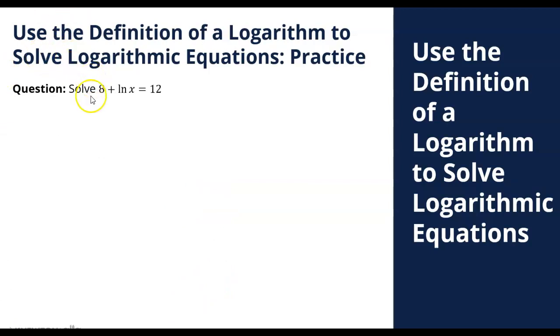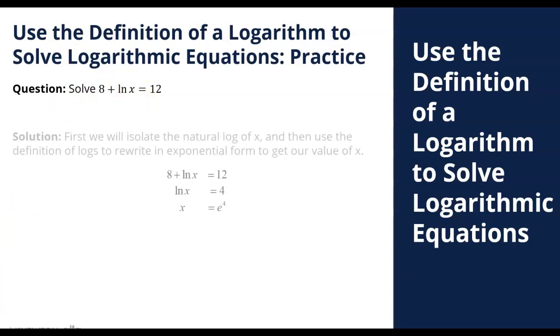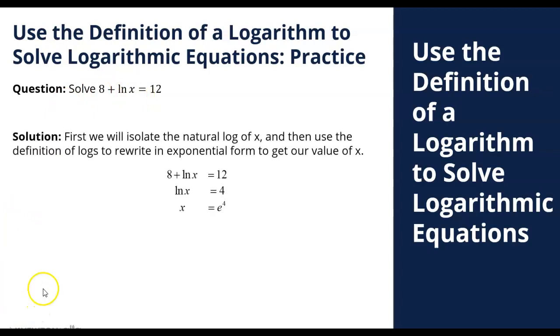So let's consider another example. Solve 8 plus ln x equal to 12. To do this, let us first isolate ln x, or the natural logarithm of x, and then use the definition of logarithms to write the logarithm in exponential form and get our value x.